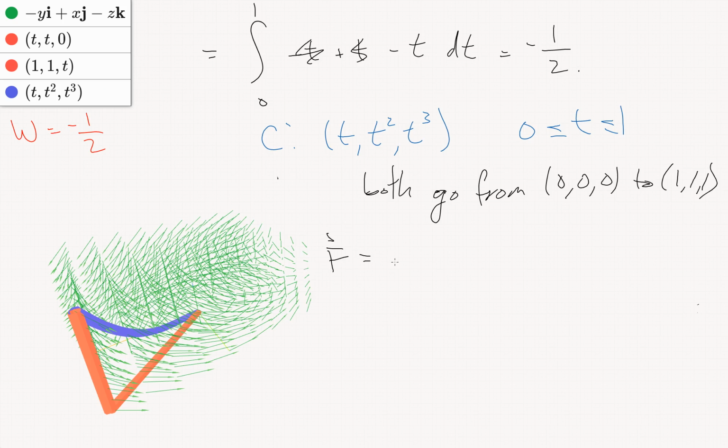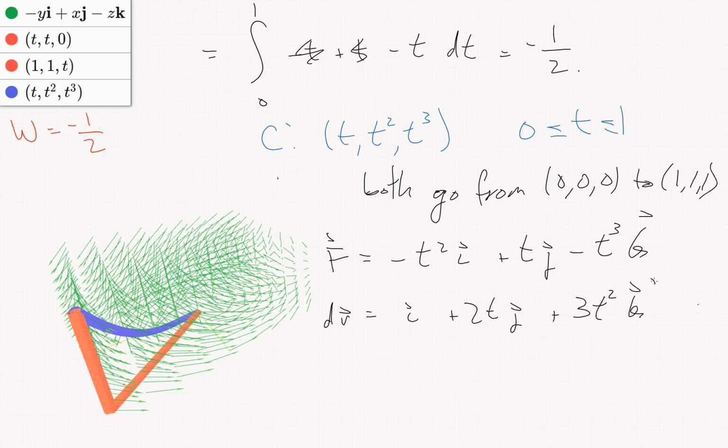Okay, so now we'll have F is negative t squared i plus t j minus t cubed k, and dr is i plus 2t j plus 3t squared k dt.